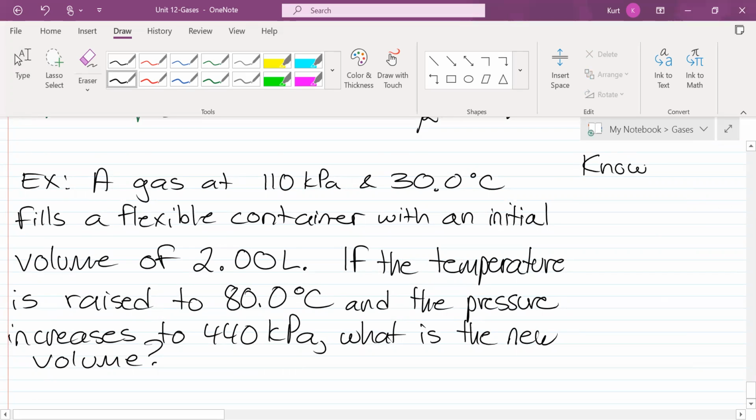So let's start with Scout. Can you tell us any of the variables? Tell me which one's which. V1 is 2.00 liters, correct? Tim, tell me another variable that we are provided.